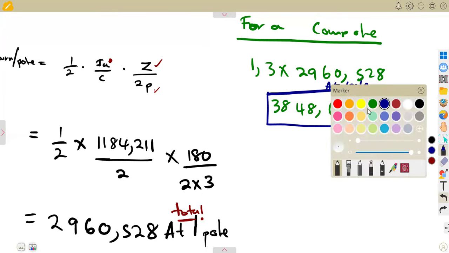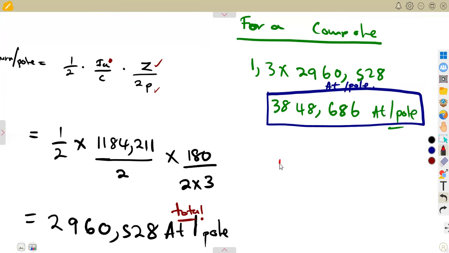So how do I calculate the armature current from this? The armature current, which is the one that connects these two, is given as the total ampere turns per pole over the turns per pole, which is ampere turns.